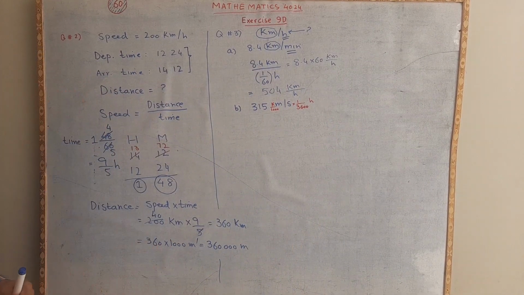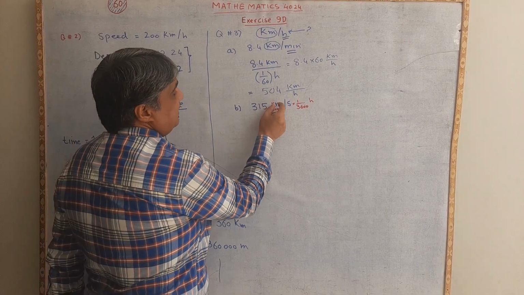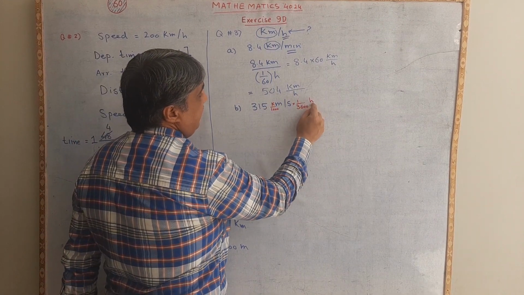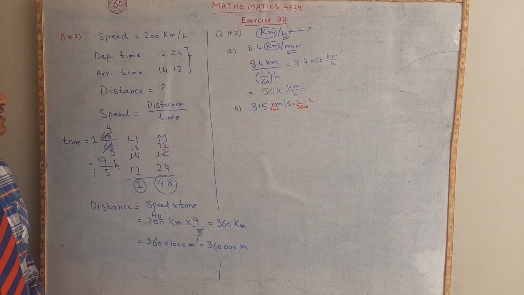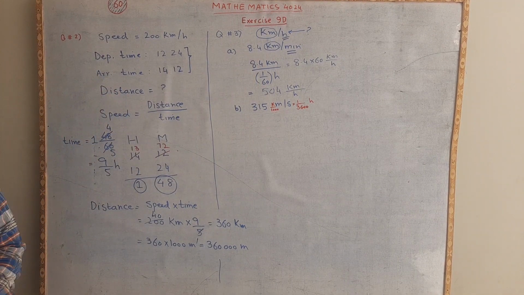We have to divide that by 3. So the red things I wrote for you will become kilometer per hour, and that is the main motto of this topic.